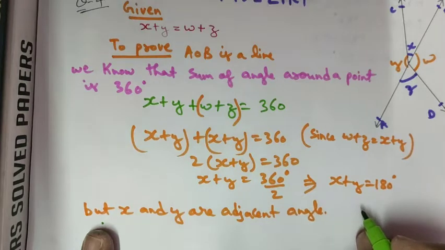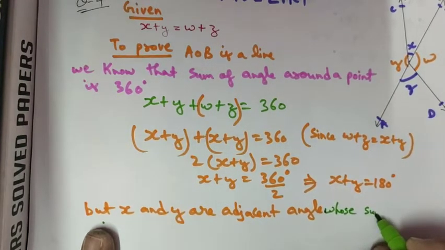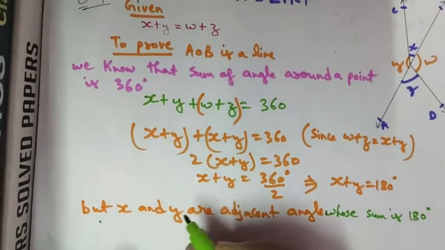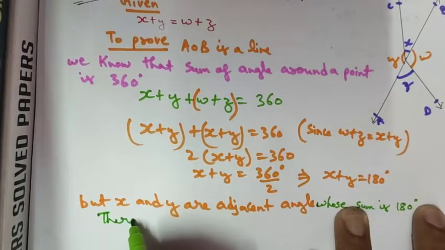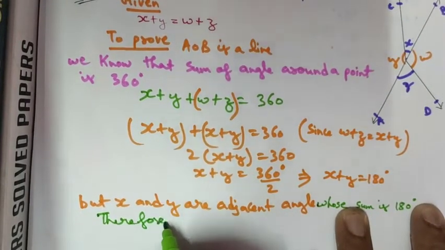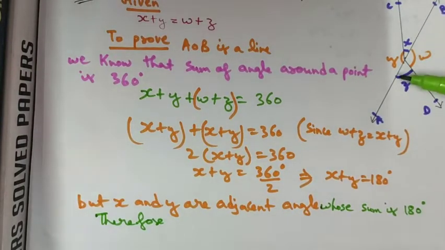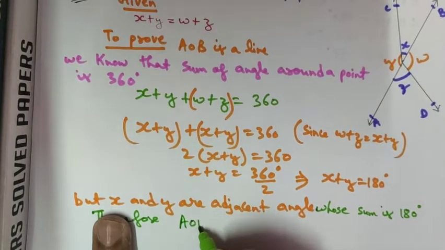X and Y are adjacent angles whose sum is 180 degree. Therefore, if they are linear pair, that means AOB is a straight line.